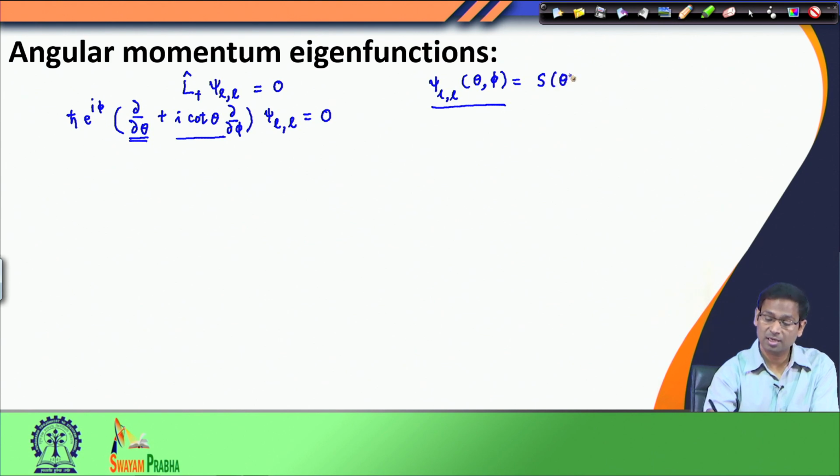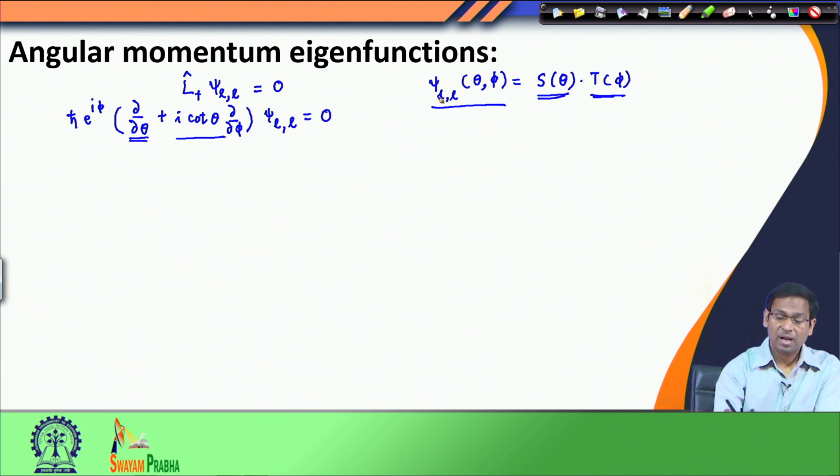So, I define that let my total wave function, the eigenfunction, be a multiplication of two functions, one depends on theta, another depends on phi. And I am going to apply this relation: instead of writing psi, which is a function of theta and phi, I would use s and t, where s depends on theta and t depends on phi.